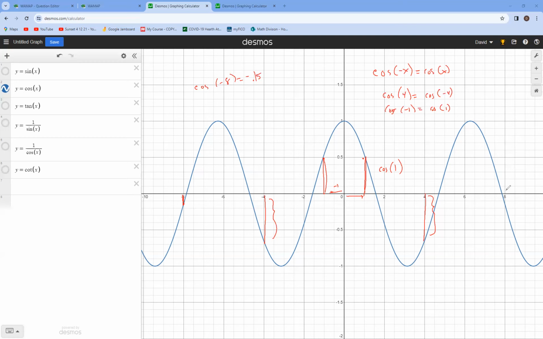And then if you go over here to +8, look, we've got about the exact same y value there. We got another value of negative 0.15. They're the same size and the same sign. So cosine of -x is equal to cosine of x is another trig identity. If you've ever got a negative angle and you want to switch the sign on that, that's a nice relationship.